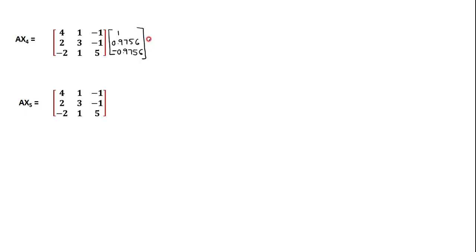The multiplication of these two matrices gives the column matrix 5.9712, 5.9024, minus 5.9024. The largest element here, the dominant element, is 5.9712.